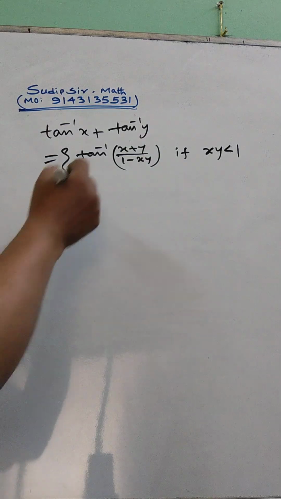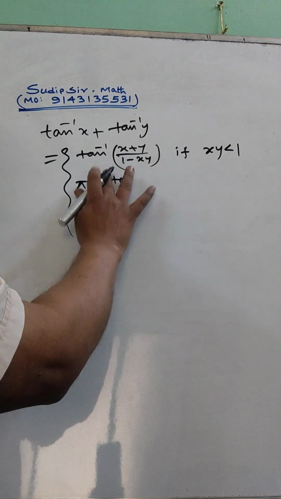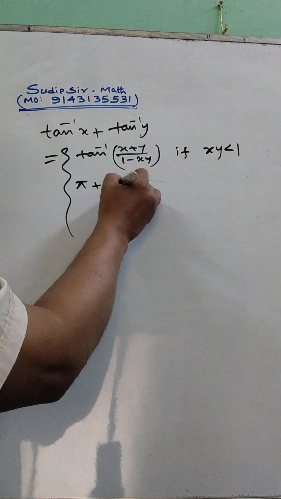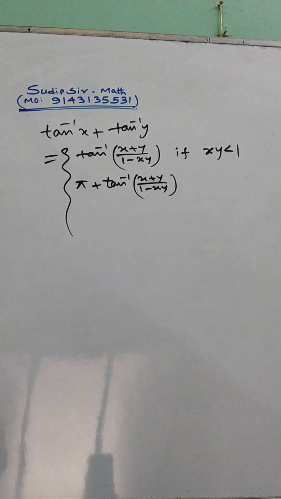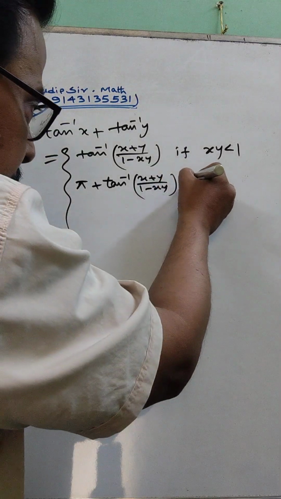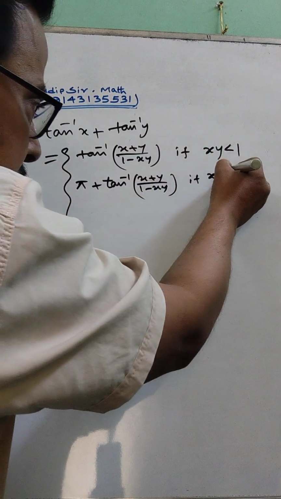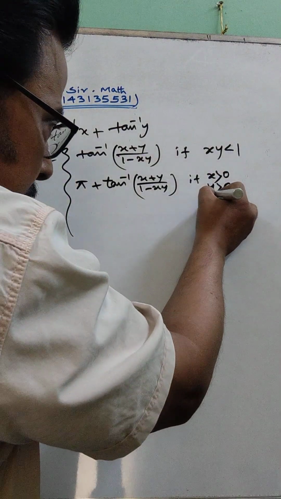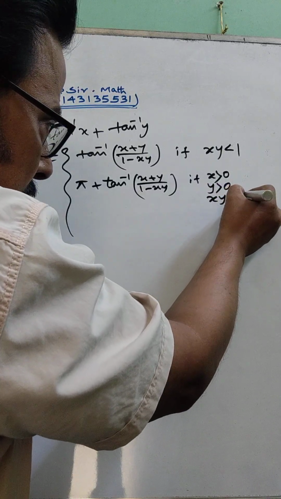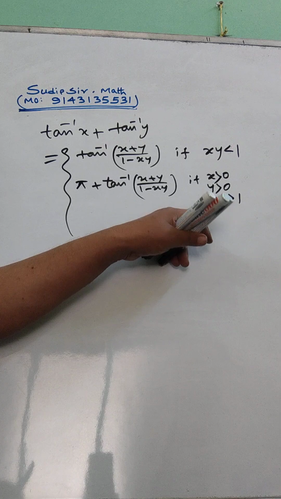Now, this value will be pi plus tan inverse of (x plus y) by (1 minus xy) if x is greater than 0, y is greater than 0, and xy is greater than 1.